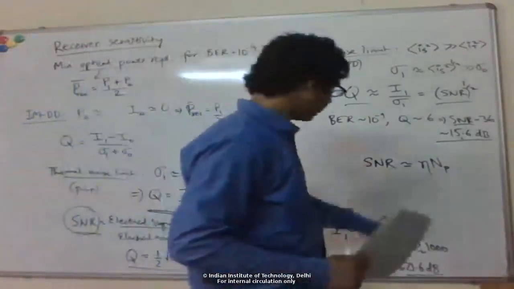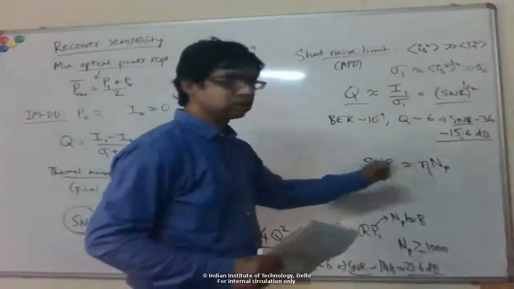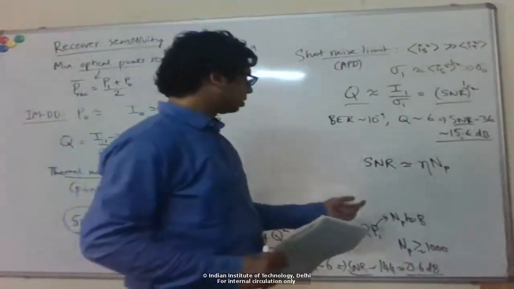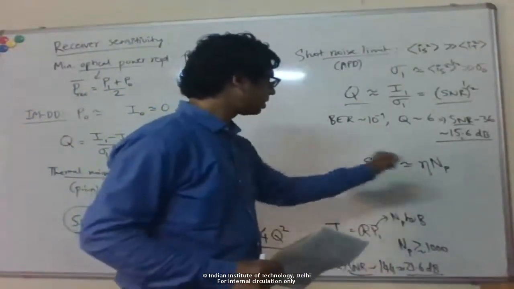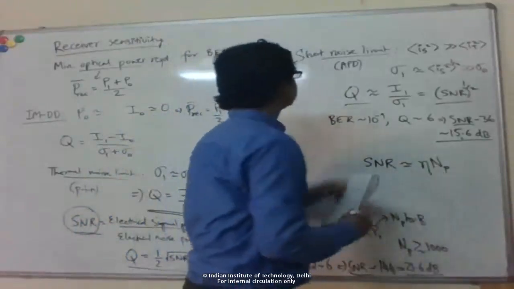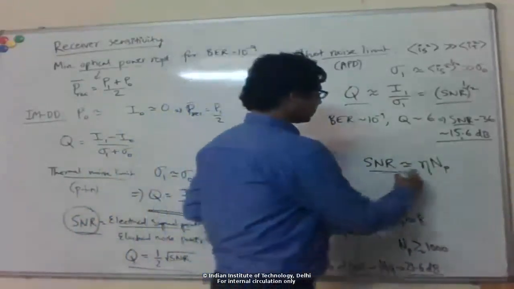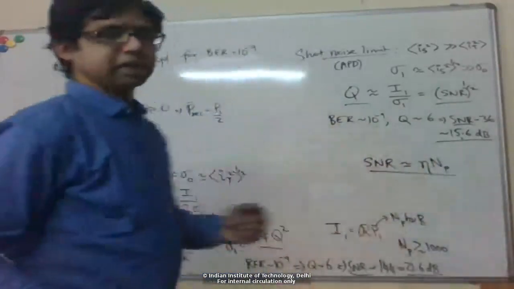We wrote the optical power again like this, and then the responsivity in terms of the quantum efficiency. Then we had this divided by the photon energy, which cancels out these terms. And in terms of the photon number, we said that in the shot noise limit, the SNR can just be written as the number of photons per bit.